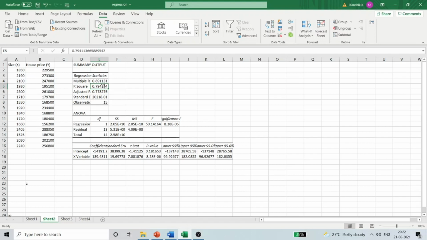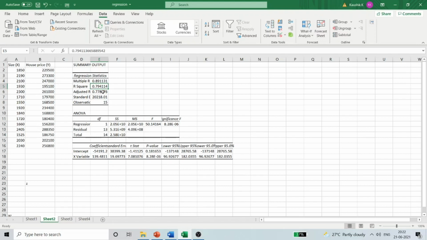So this is how I can use Excel as a tool to obtain the results as well as the evaluation metric, or how I can check the R square and R value to judge the efficiency of my solution. And also to see the correlation of the data between the independent and dependent variable.